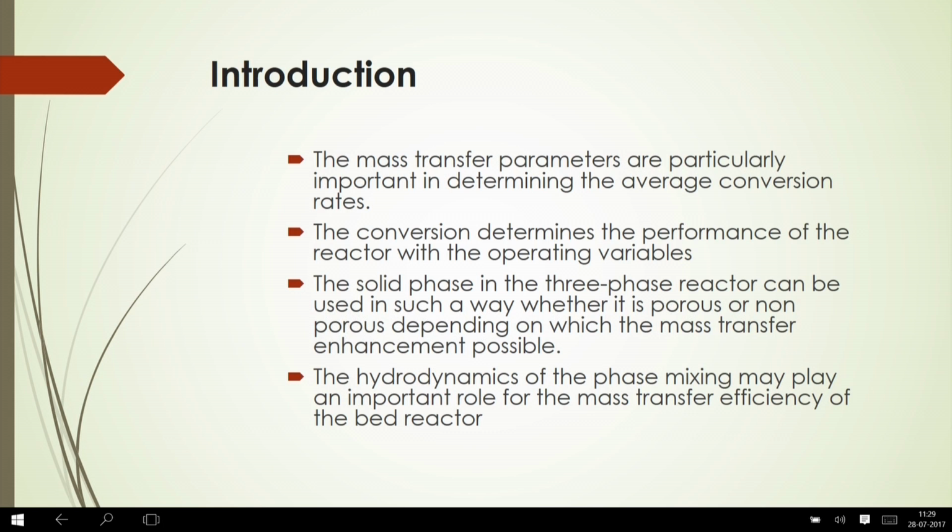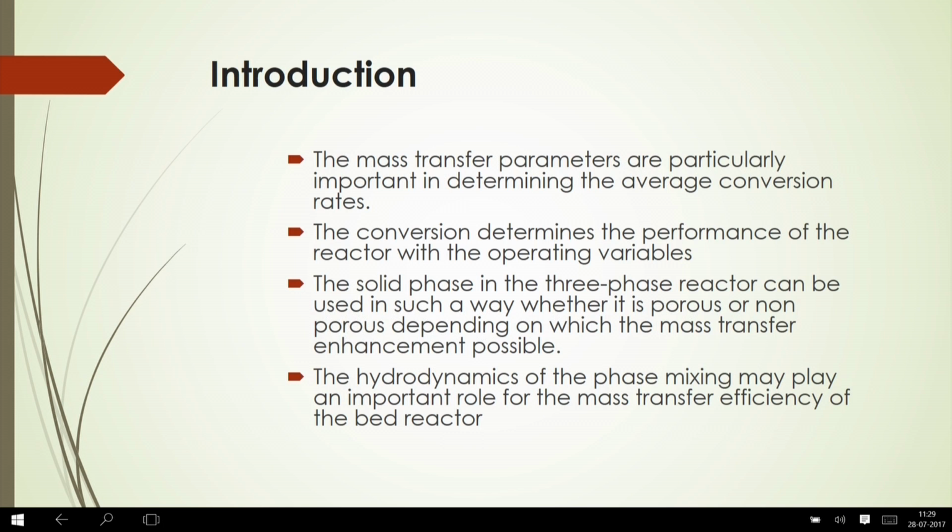Of course, the main important factor, as we discussed earlier also before starting this mass transfer phenomena inside the fluidized bed, is that whenever you are judging the performance of any reactor, you have to know the hydrodynamic characteristics of the particular phases, whatever flows of the phases happen inside the bed.